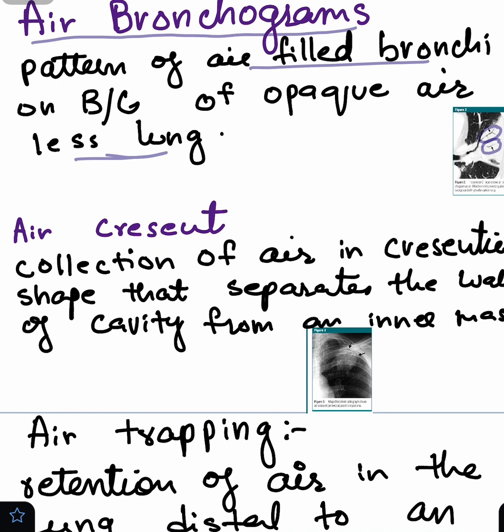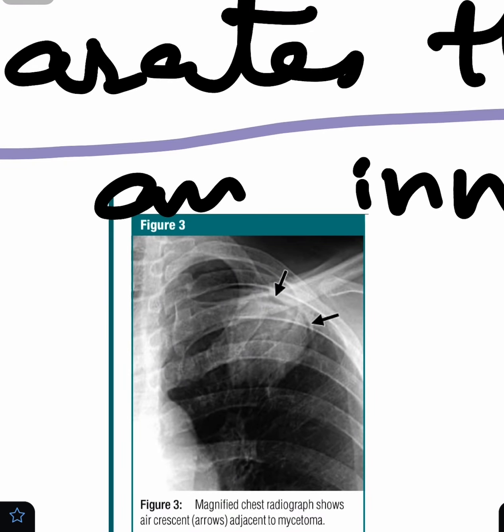Next is air crescent. It is a collection of air in a crescentic shape that separates the wall of the cavity from the inner mass. As you can see, air crescent is basically a collection of air in a crescentic manner that separates the wall of the cavity from the inner mass.